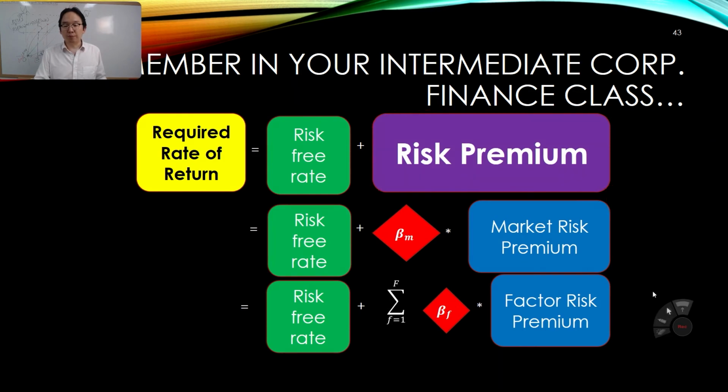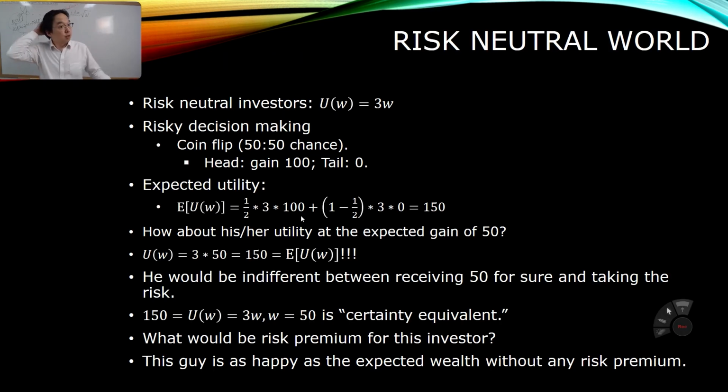Now, risk neutral investors is the second agent that you want to talk about, whose utility function is 3 times W, the wealth at the final stage. The risky decision making, 50-50 coin flipping, 100 you gain if it is head, and if tail, nothing. Expected utility will be half of it, right?